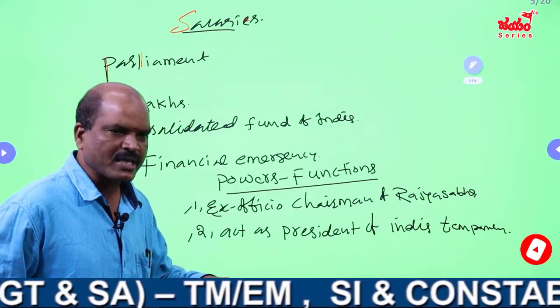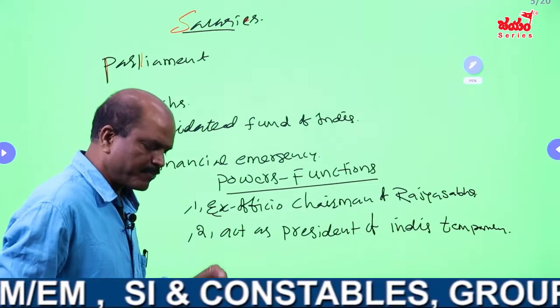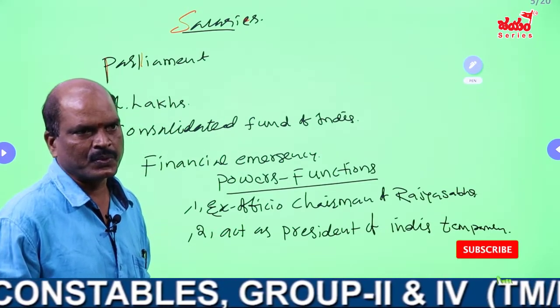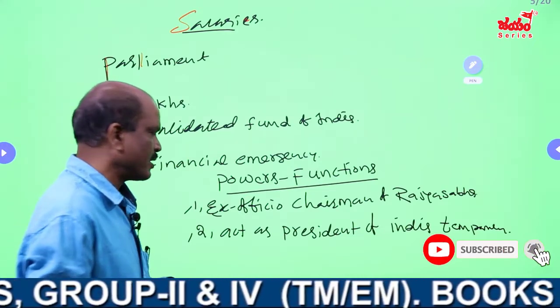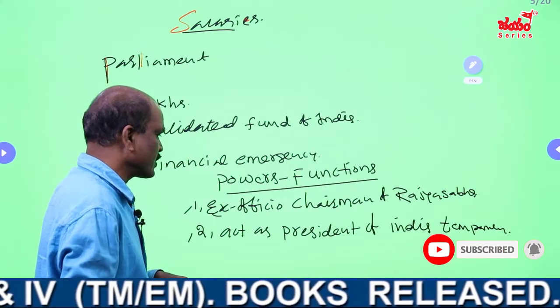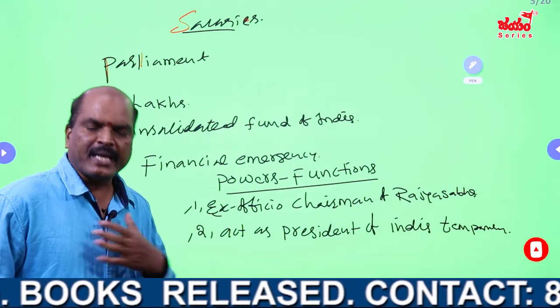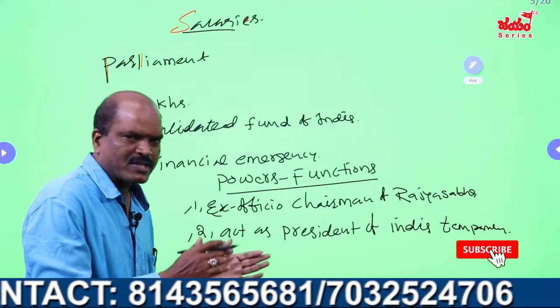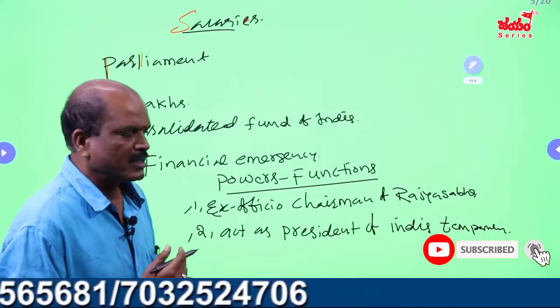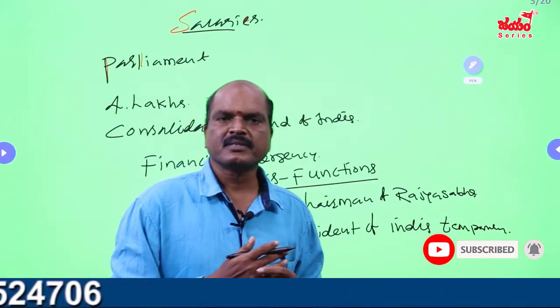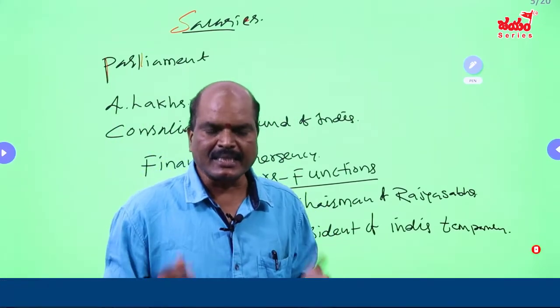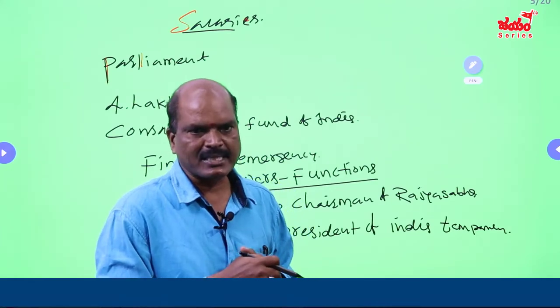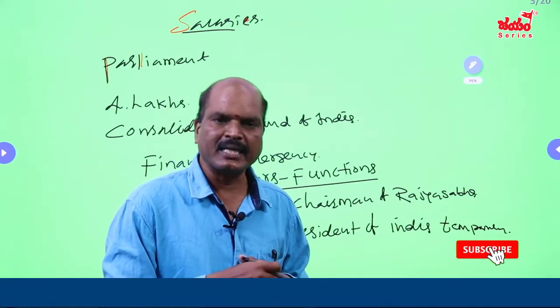The present Rajya Sabha chairman is M. Venkaiah Naidu. Being the chairman of Rajya Sabha, the Vice President presides over Rajya Sabha meetings and conducts House meetings smoothly and effectively.